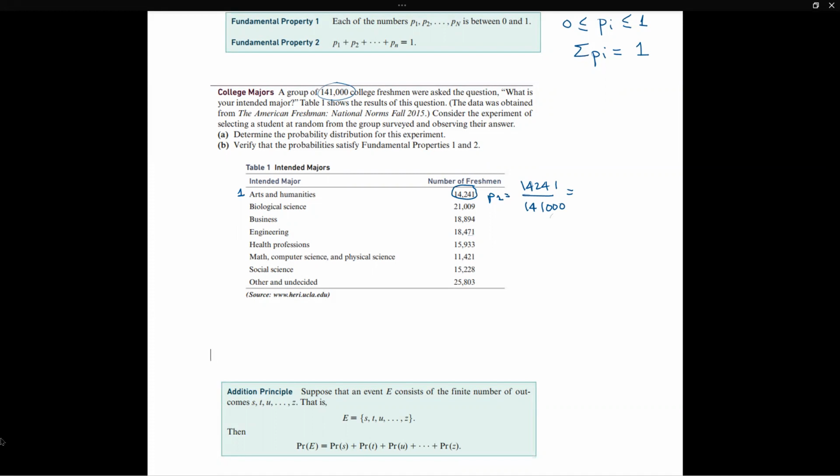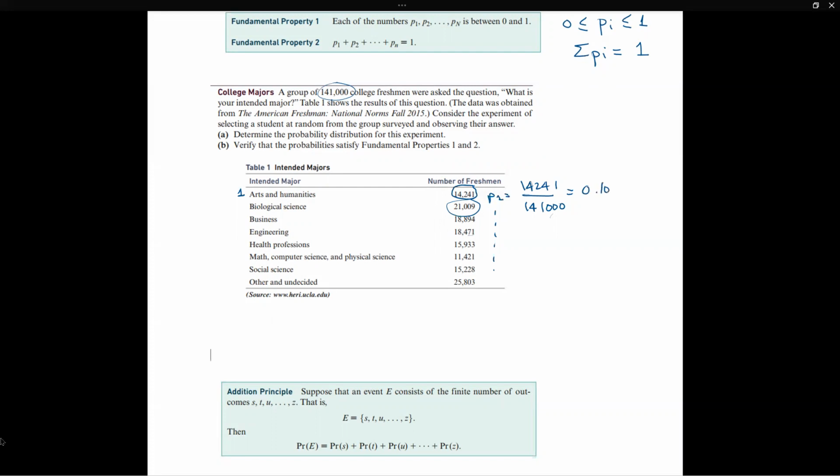And we can do that to all of them. So I would recommend maybe pause the video and you do this for each one. The numerator is going to change. So 21,009. And the bottom is going to remain as 141,000. And you get your numbers.